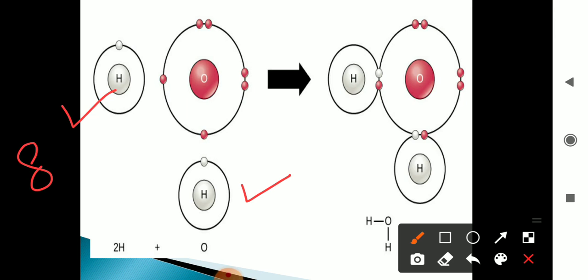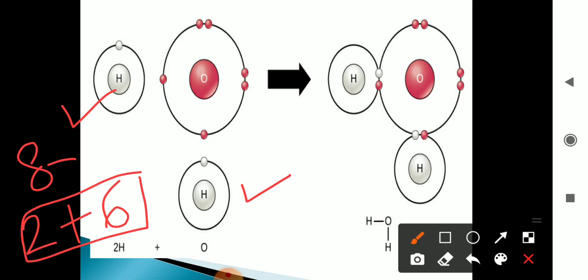So in the first orbit it takes 2, and in the second orbit it takes 6. Why 6? Because the atomic number of oxygen is 8, and 6 plus 2 is 8.